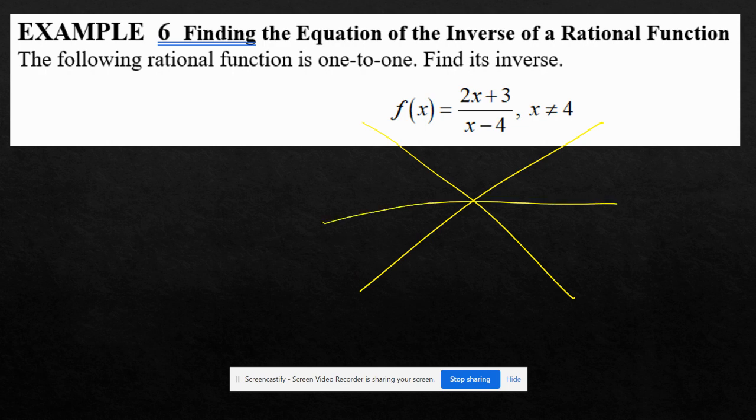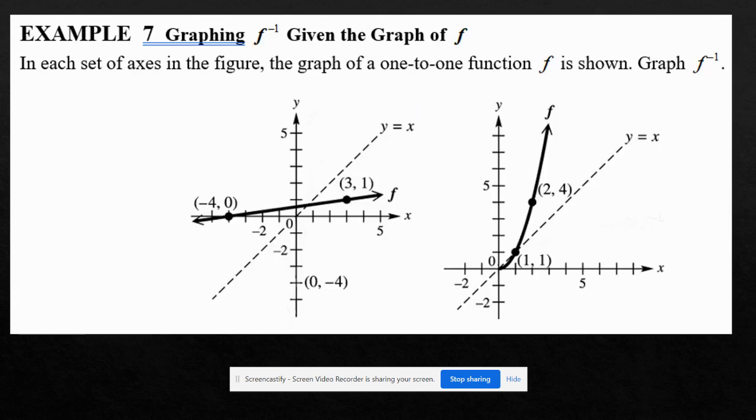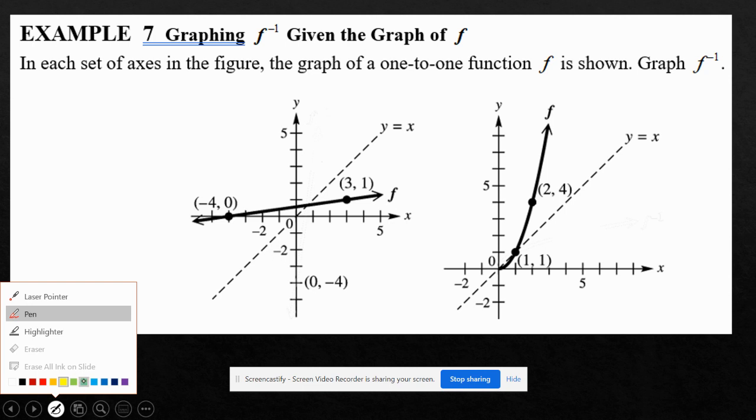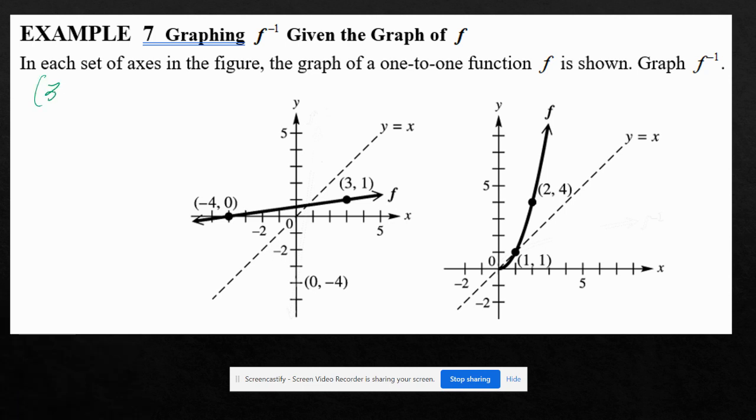We are going to skip example 6 here, head over to example 7. So we've talked about finding inverse functions from a table, from a list of ordered pairs, and from an equation. So what happens if they give us a graph? Well, a graph isn't so much different than a table. The two ordered pairs we have in this graph on the left are 3, 1 and -4, 0.